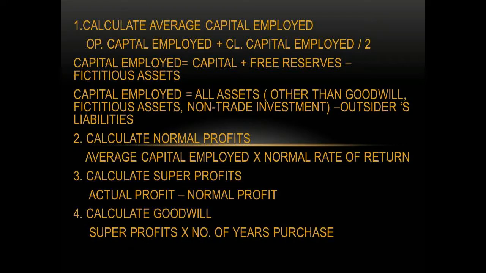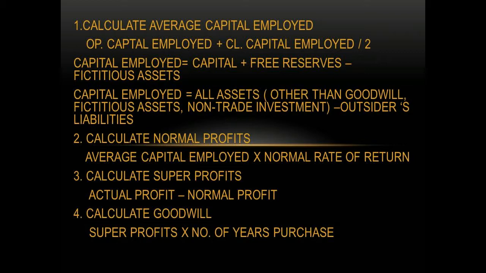Under this method, the following steps are involved. The first one is calculate average capital employed. That means average capital employed is equal to opening capital employed plus closing capital employed divided by 2. The second step is calculate the normal profit. Normal profits are profits which a firm could earn normally.